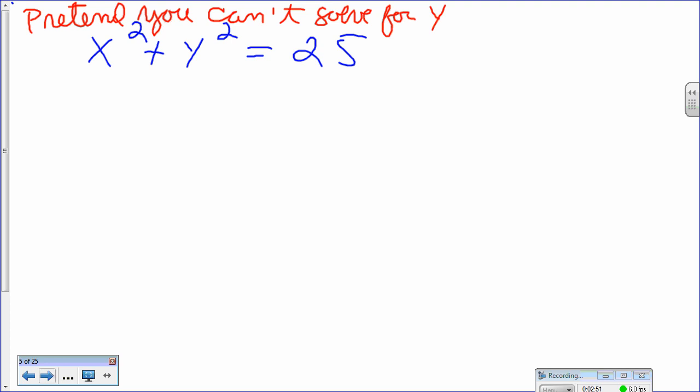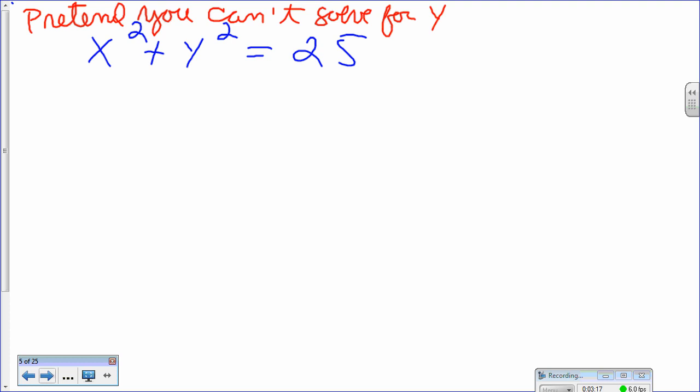So let's pretend we can't solve for y. We just did a minute ago, but let's pretend we can't. So in this equation, I know that y is a function, all right? A moment ago we solved for it, but pretend like we don't know what that y is. Does it make sense that y is not a variable anymore, y is a function?